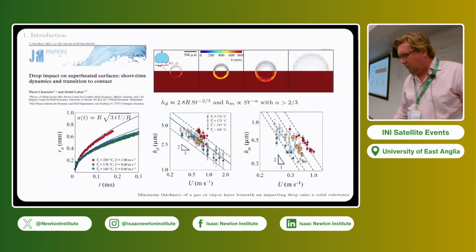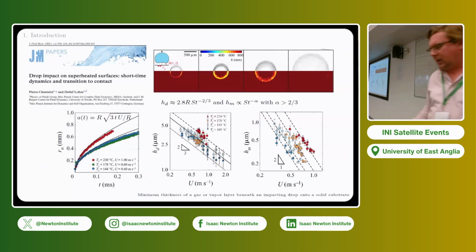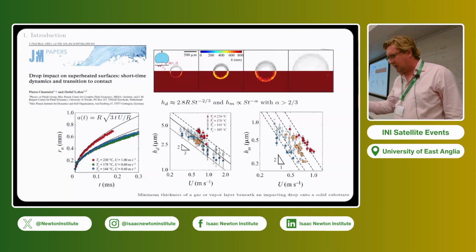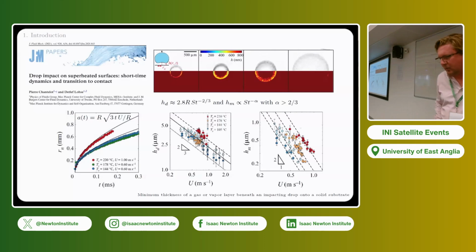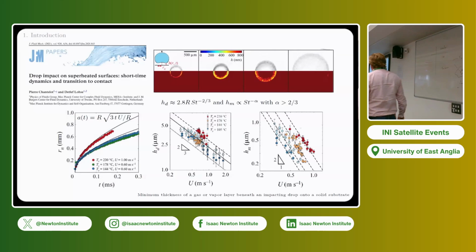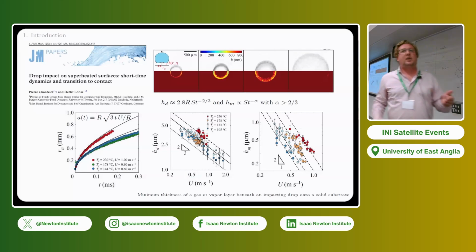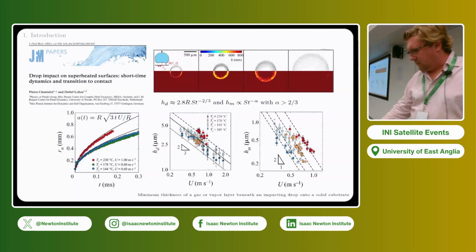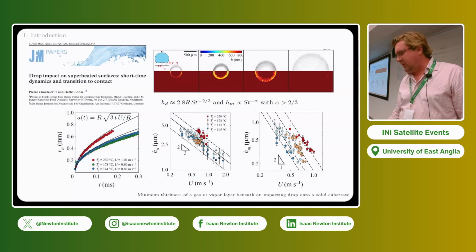The excellent work of Chantelot and Lohse performed experiments like the Shirota experiments, and they obtain the same evolution for the position. Rn is the radial position of this minimum thickness, and they observe the same result, which is the square root of 3 times the dimensionless time.